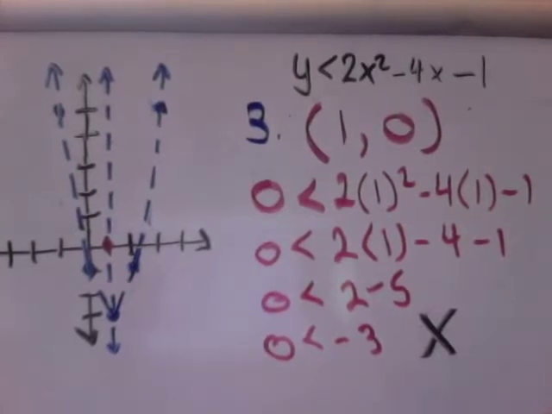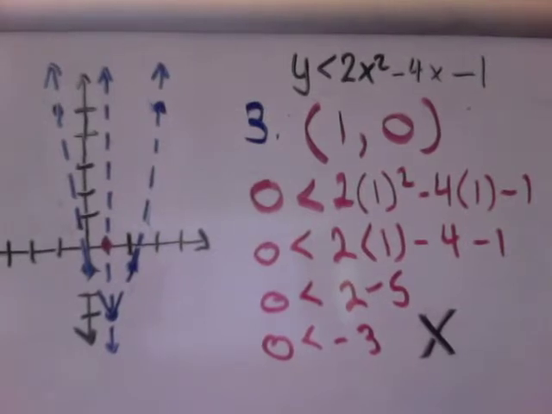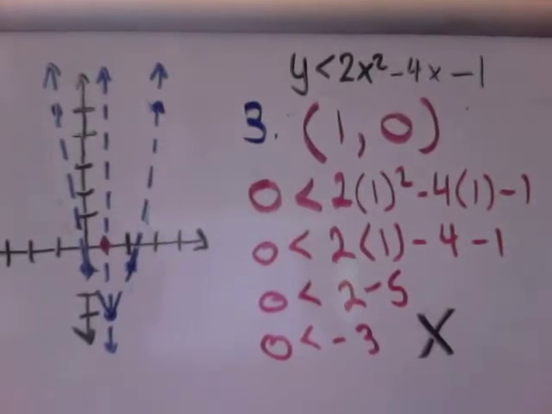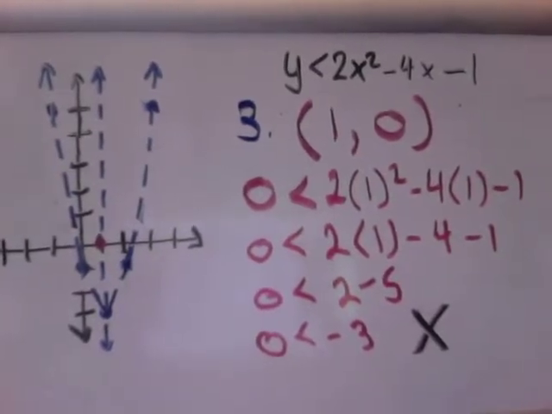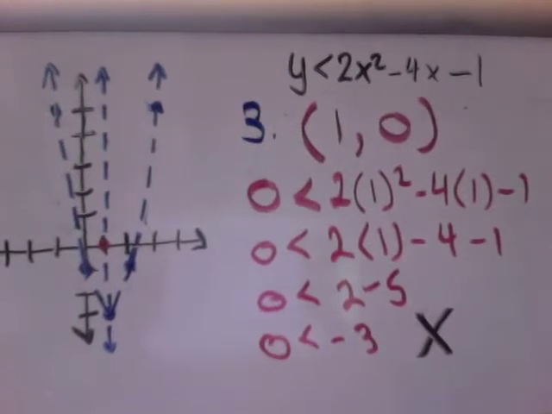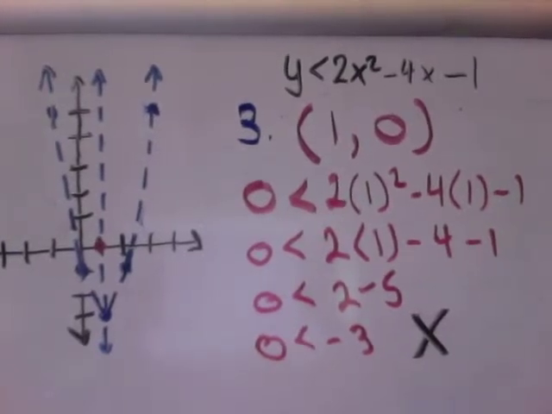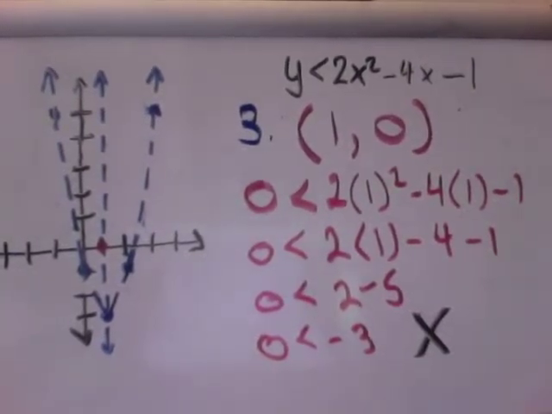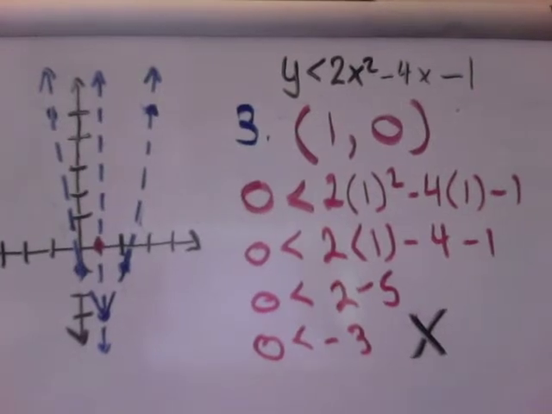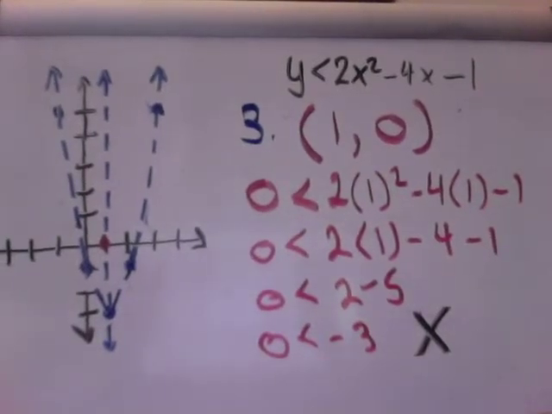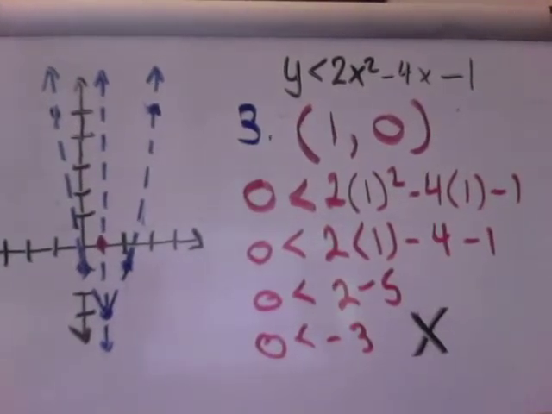This simplifies to 0 is less than 2 minus 5, because minus 4 minus 1 is minus 5. And then 2 minus 5 simplifies to minus 3, so we have 0 is less than minus 3. This is not a true statement, so we know that the point 1, 0 is not a solution to this inequality. So we will shade the outside of the parabola.